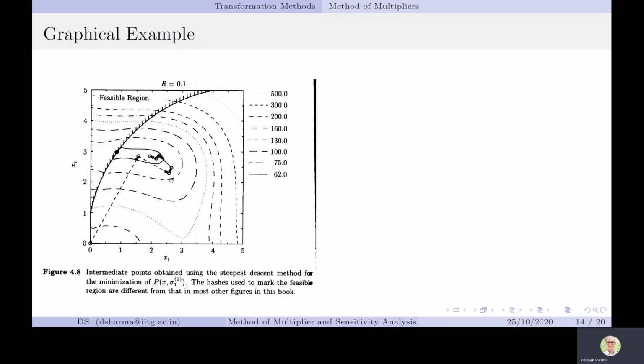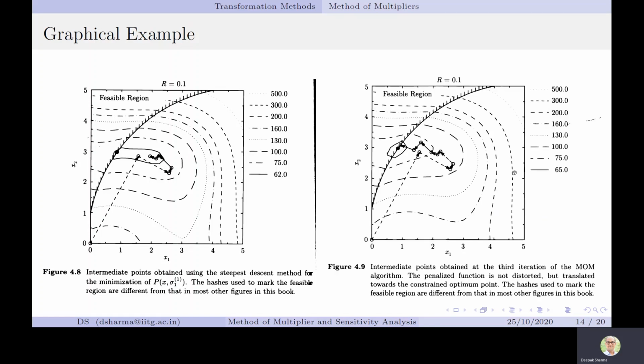So from the sequence number 2, we started from x1. Now we are moving to x2. And in the third sequence, again, you can see the contours are shifting towards the minimum point. And as we have understood from the table, we are very close to the minimum point.